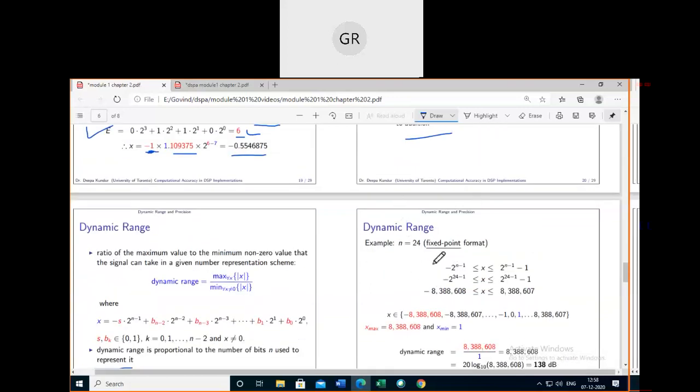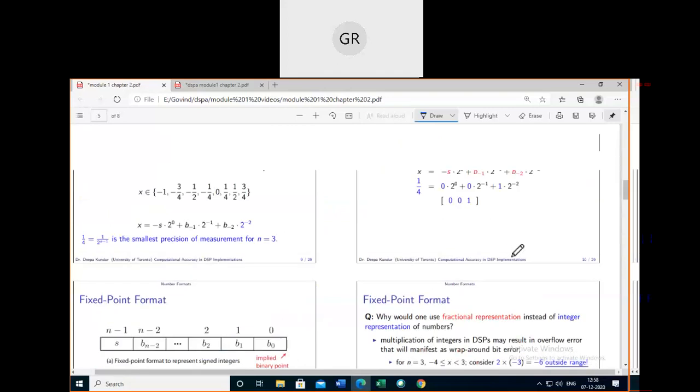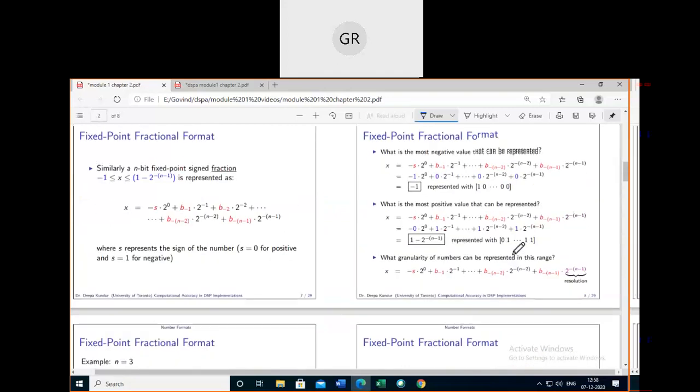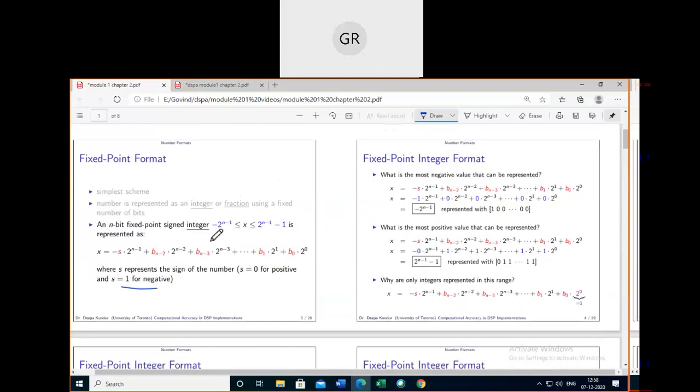For example, n is equal to 24. Just find out the value. The integer range is minus 2 to the n minus 1 to 2 to the n minus 1 minus 1. See here in the first page, first we have to discuss. Yes, this one.